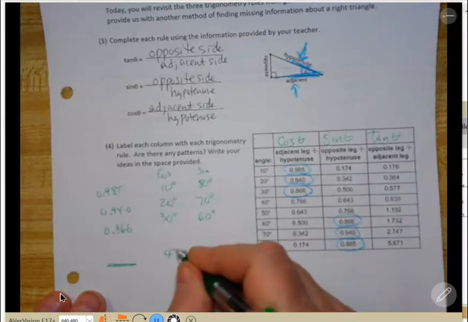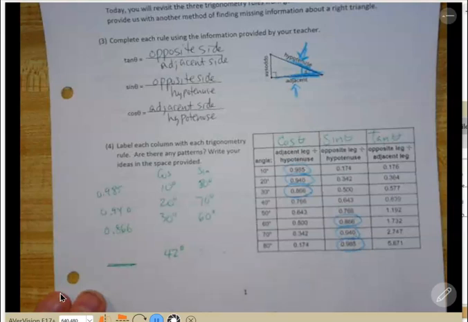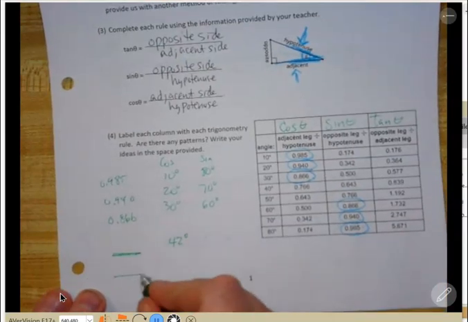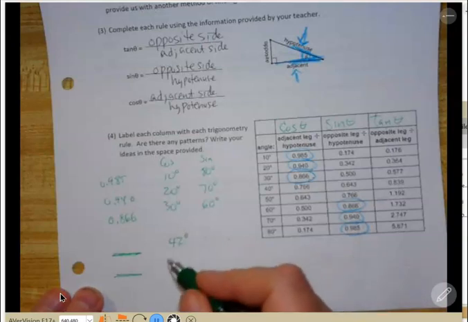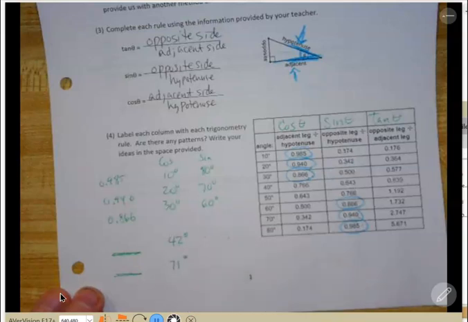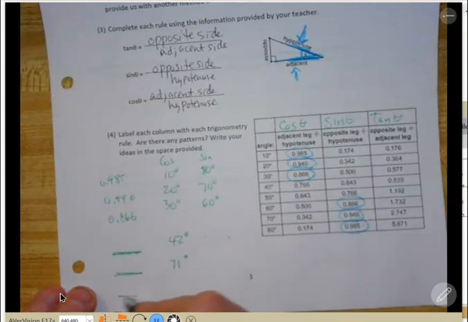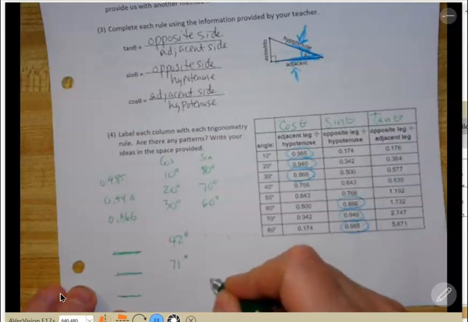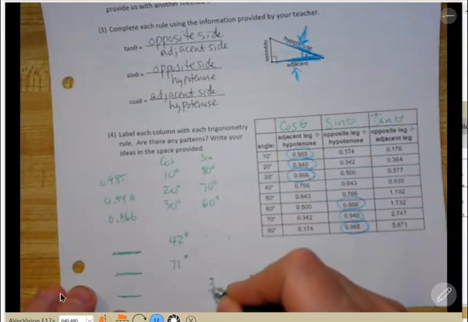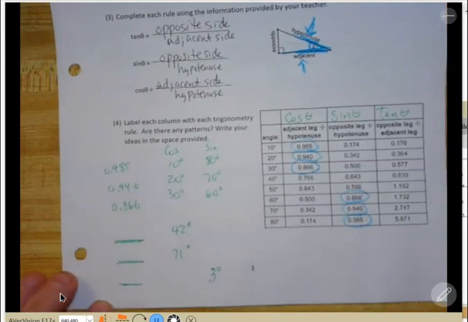If, let's say, this angle was 42, then what would the sine angle be? If I would choose some number, again, so that the angle for cosine was, let's say, 71 degrees, then what would the sine be? If I choose something that the sine angle is, let's say, 3 degrees, what would the cosine angle be?